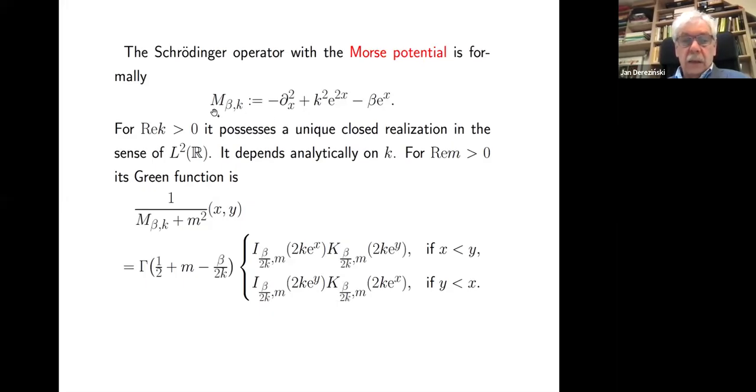Again, for real part of k greater than 0, it possesses a unique closed realization on the whole real line, in L squared of R. And you can compute the Green function using another kind of Whittaker functions.